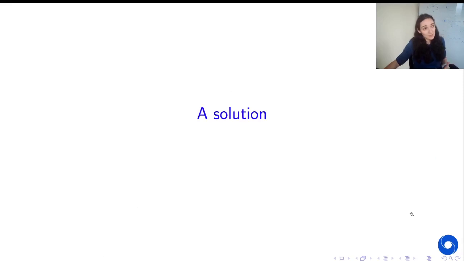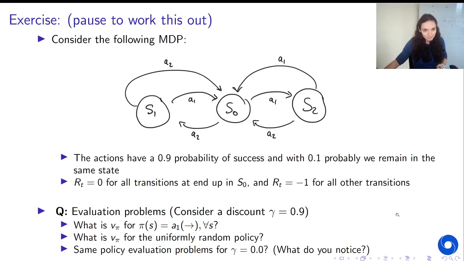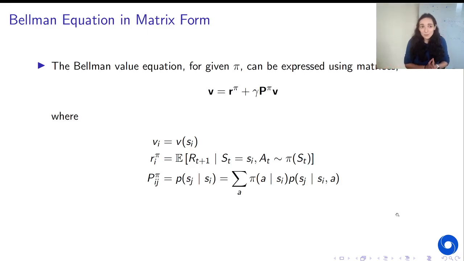I'm going to give you a way of reaching a solution, a way of tackling policy evaluation for these small MDPs. And this will be done via rewriting the Bellman equations into matrix form. So for every state in the environment, we have a Bellman equation associated with that state and the transition to the next state.